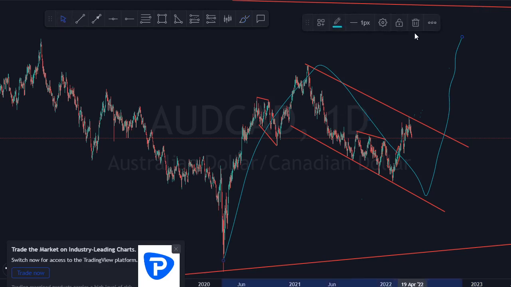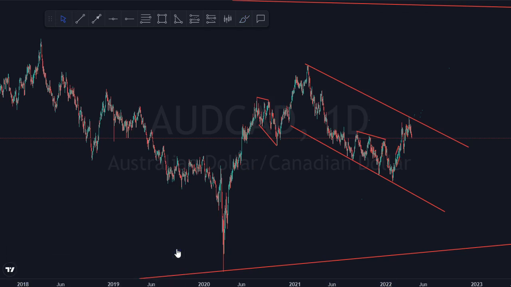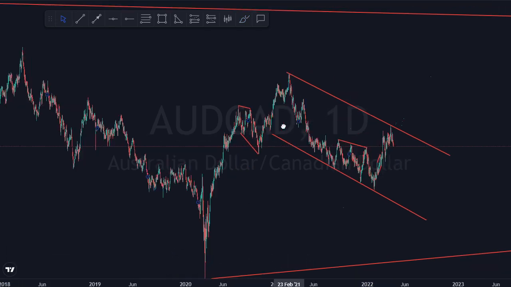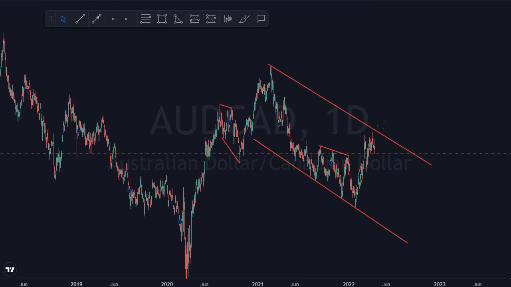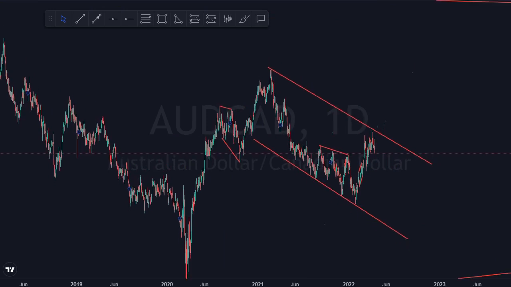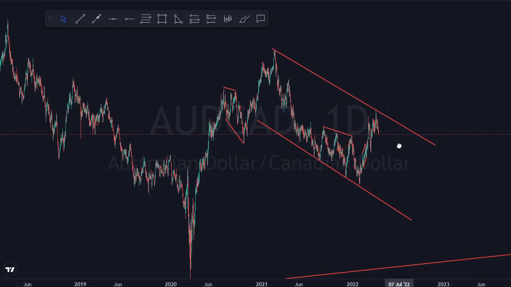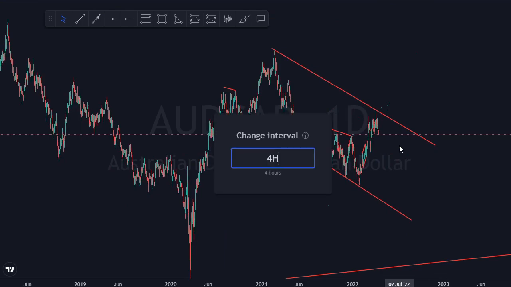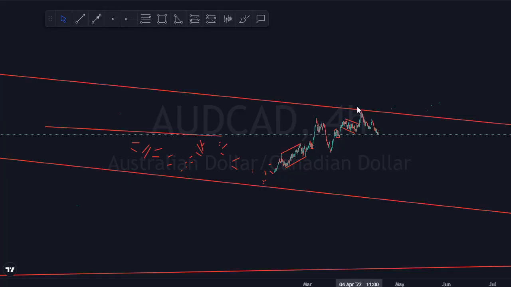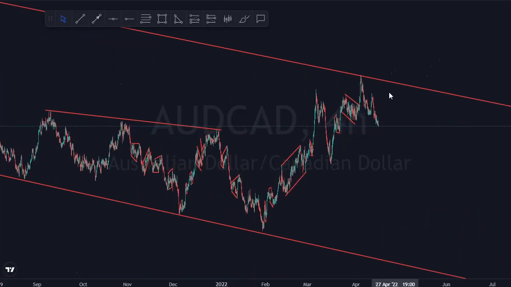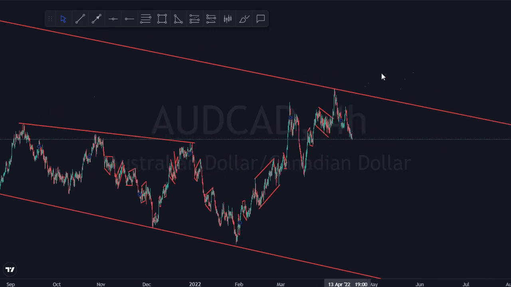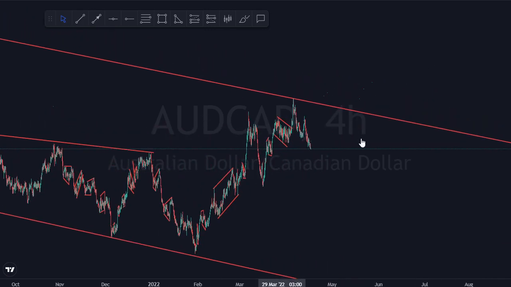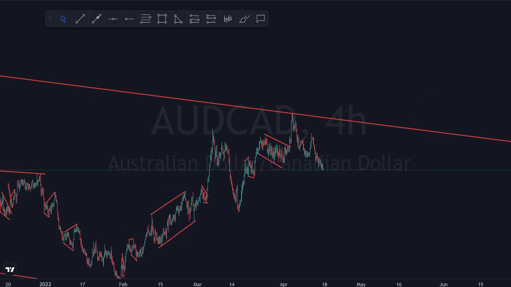Okay, let me just do this. That's it. So like I said, the long-term move that you need to keep at the back of your mind is that we're looking for buys. But now we should look for what is currently happening now. Let's see if we can get a buy opportunity that might give us that long-term buy move here on H4.